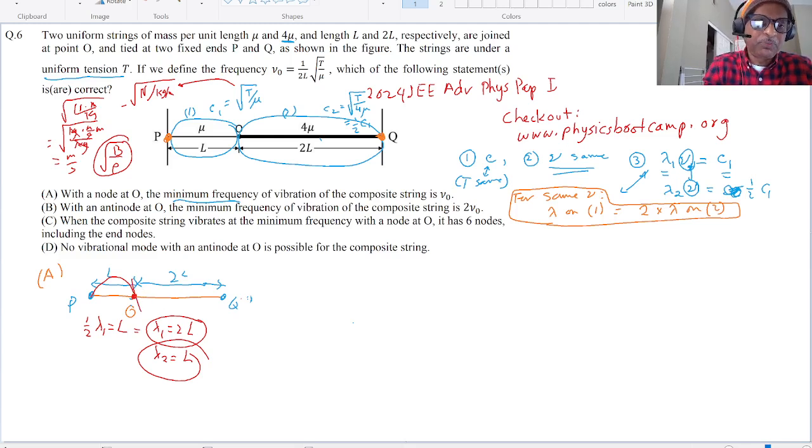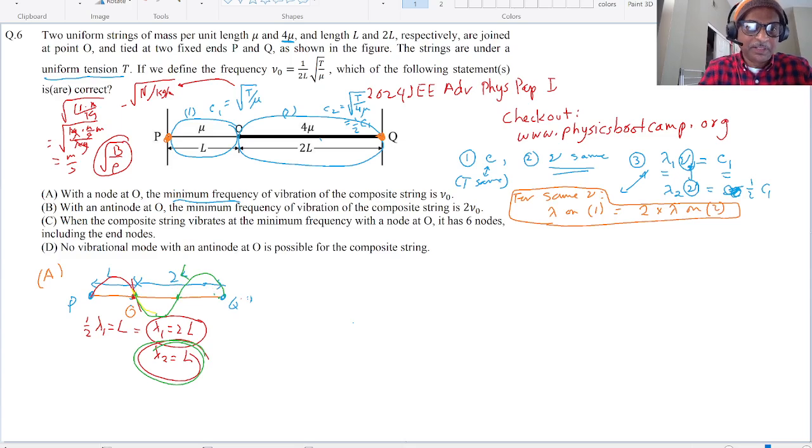The string will have to continue in that way, and it has to be a full wavelength. It turns out a full wavelength is a lot. It will be like that, but this is going to be a wavelength of 2L if I want to fit it like that. So that's not what I want. I want a wavelength to fit in this part and another wavelength to fit in that part.